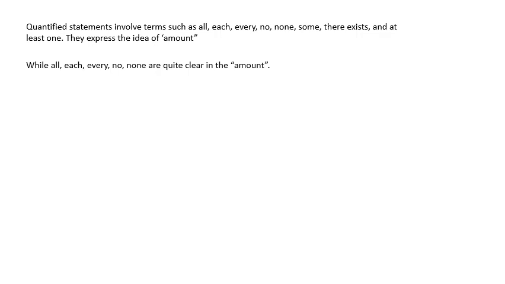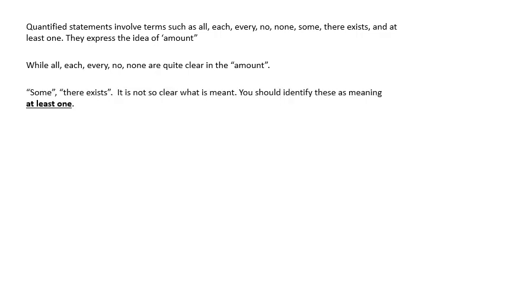While all, each, every, no, none are quite clear in the amount, the words some, there exists, are not so clear, because some could be one, two, three, four, five, etc. It could be all of them.